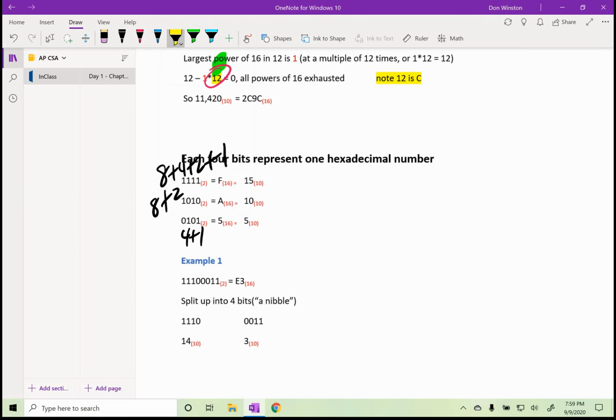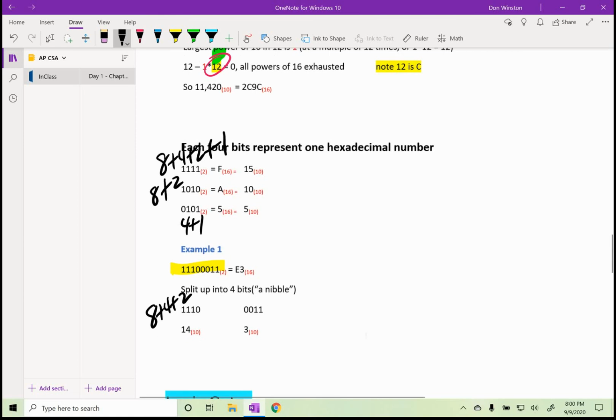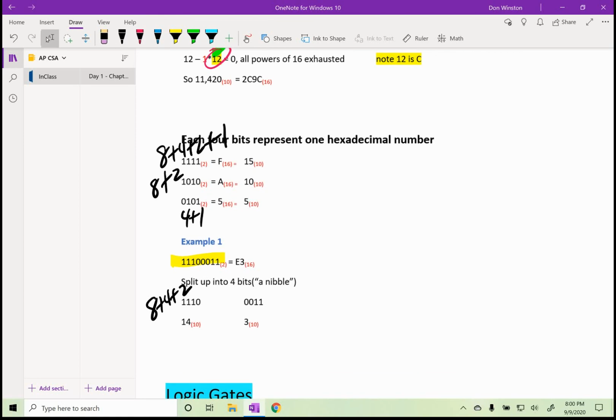So if I split up into 4 bits, a nibble, 1, 1, 1, 0, well, that's 8 plus 4 plus 2, that's 14 base 10. And then 0, 0, 1, 1, that's 2 plus 1, and that's 3. Well, 3 is 3 in base 16, but 14 is E.